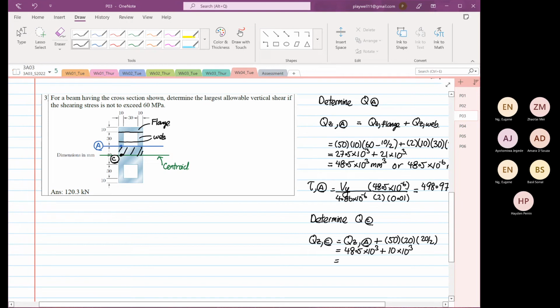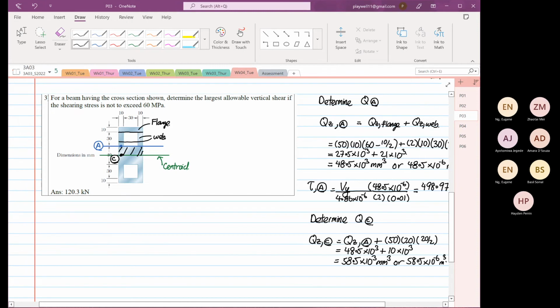So 48.5 times 10^3 plus 10 times 10^3 is equal to 58.5 times 10 to the power 3 millimeter cube, or 58.5 times 10 to the power minus 6 meter cube. As we expected, it has the largest first moment of area. Okay.